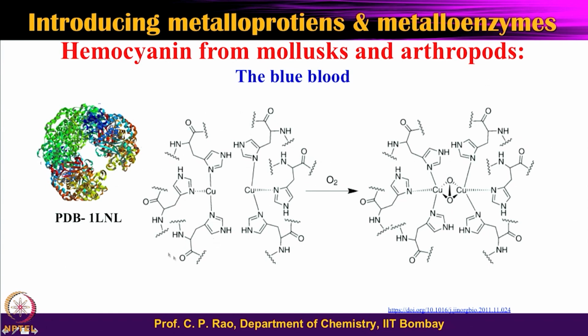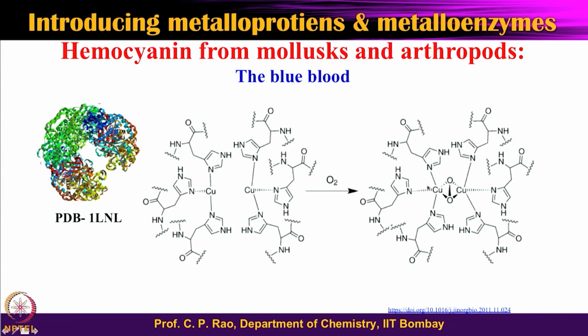This is called the deoxy form. Now, you add O2 to this, and very instantaneously it will form a species like this. How do we know? Again from vibrational spectra you can make out the way it is binding. Vibrational spectra is really an instrumental and key method to identify in what manner the O2 is bound.